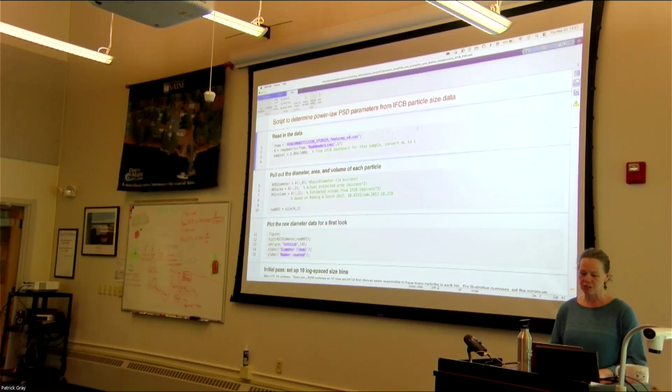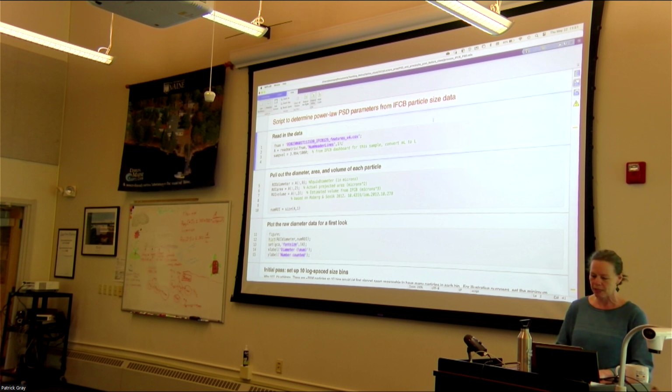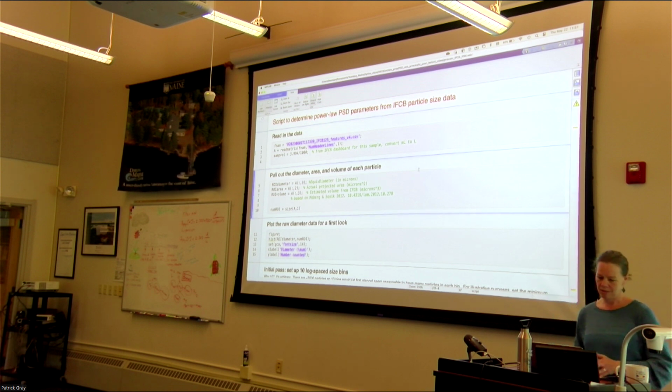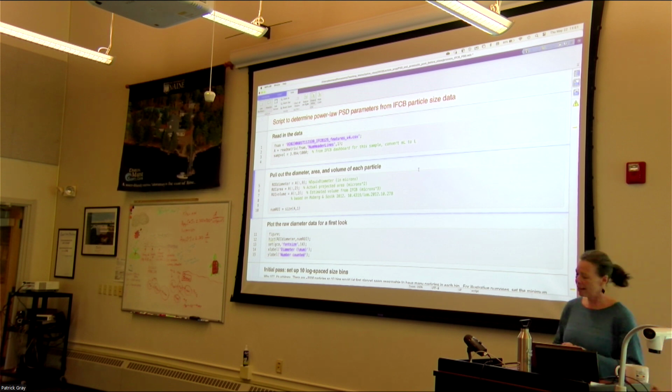The first block is just going to read the data into the workspace. This particular sample has a volume associated with it in milliliters, and I'm going to convert it to liters, so we get data in number of particles per liter. And it has read that in.